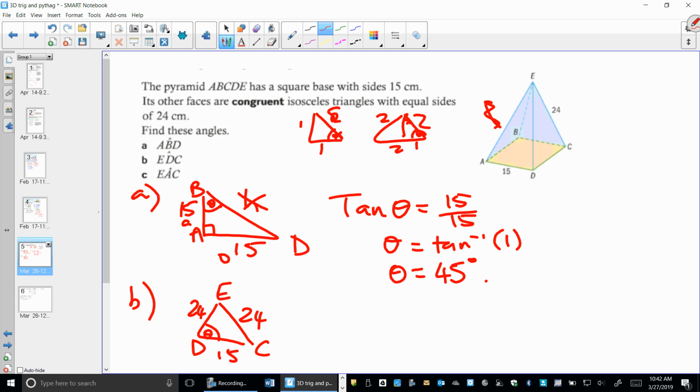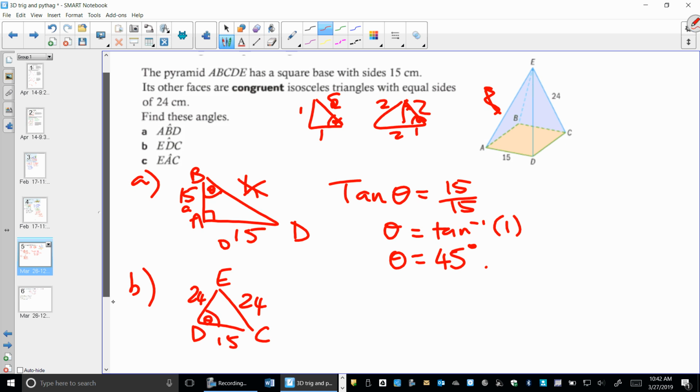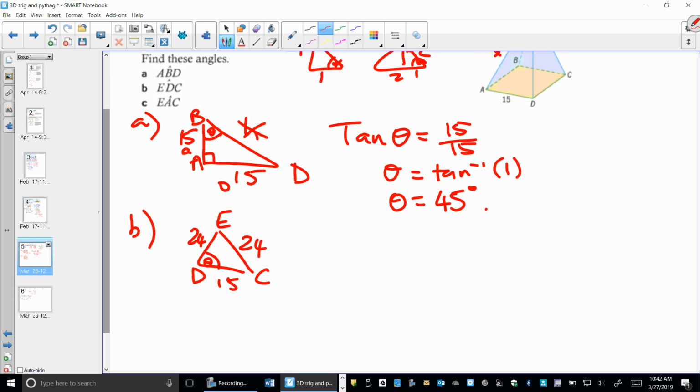What do we propose to do here? Should we use the cosine rule just because? Yeah. So because we've got 3 side lengths and an angle that we need to find, we would say that cos theta. So which is the side length that we have to subtract? 24. Nice. That one.